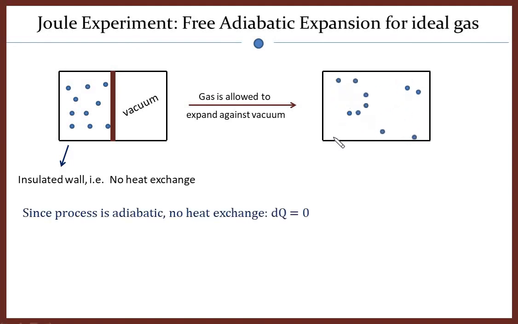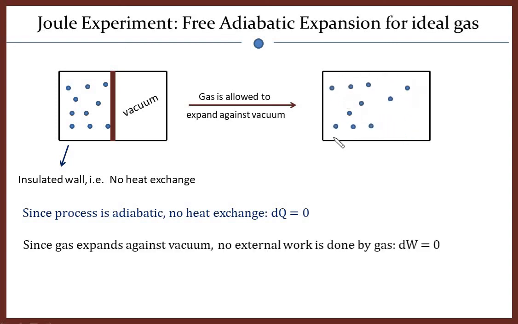As the process is adiabatic, there is no heat exchange between system and surrounding. Thus we can write dQ equals 0. Another point you can note: as the gas expands against vacuum, no external work is done by the gas because there is no force acting on it. Therefore, dW equals 0.